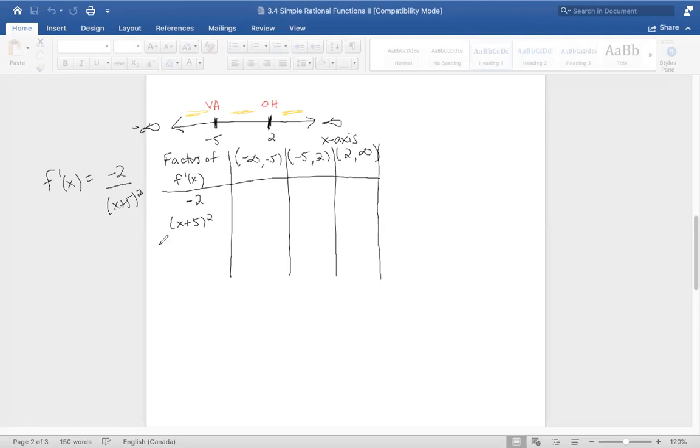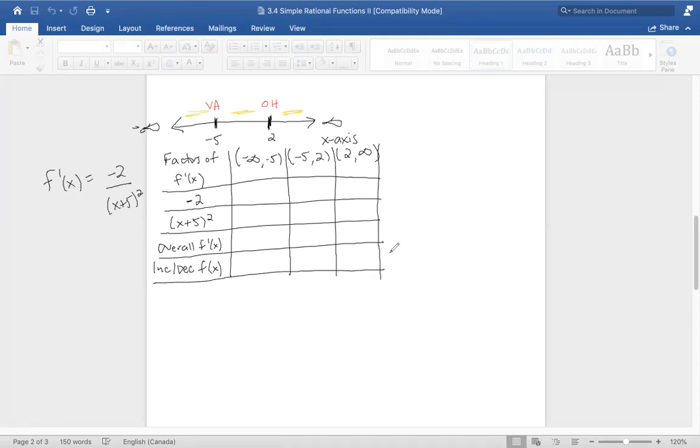And then I have my overall sign for the first derivative, which tells me whether I'm increasing or decreasing along the original function. And again, I'm just going to make these as straight as I can. If yours look like this on a test, as long as I can read it, that's not too bad, right?